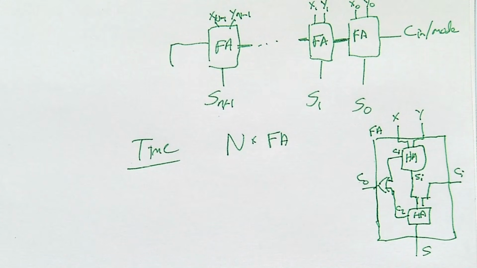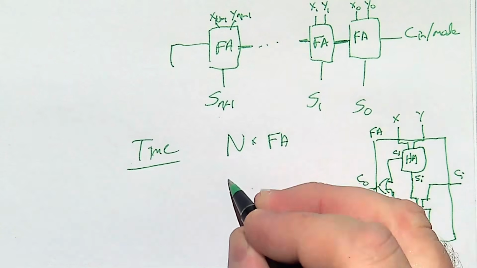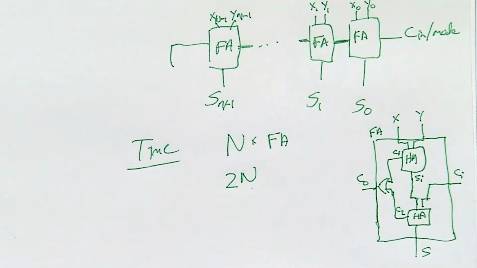Right? So if we look at these 2 gates, I'm going to list all my things in terms of this. My timing takes 2n. Generally speaking, this is linear.